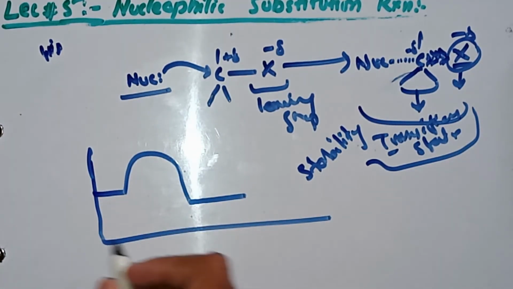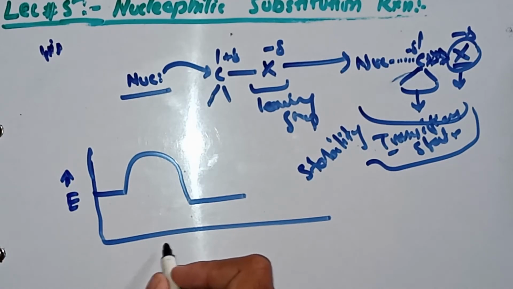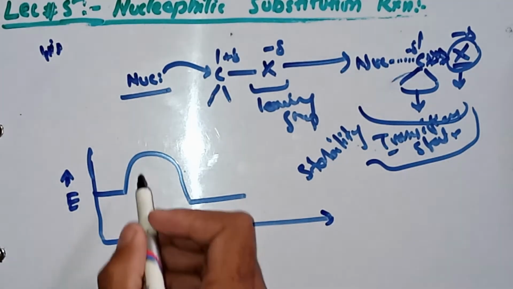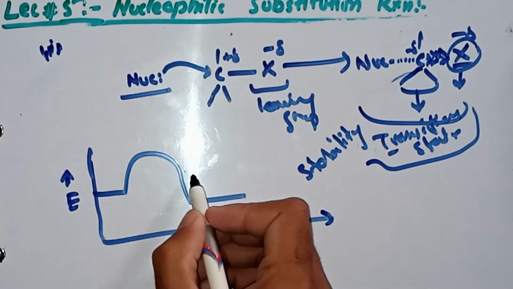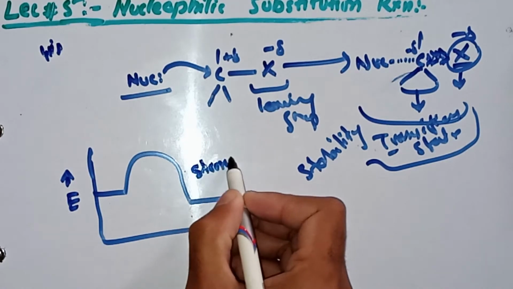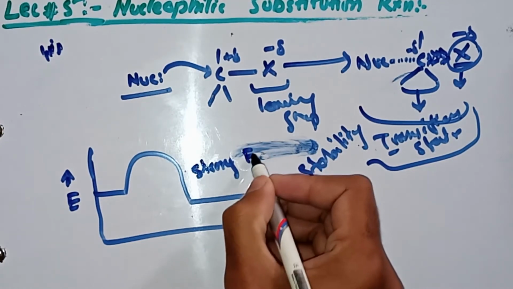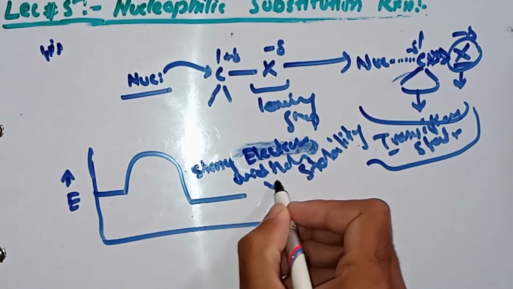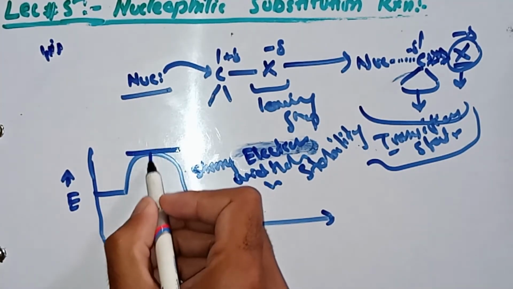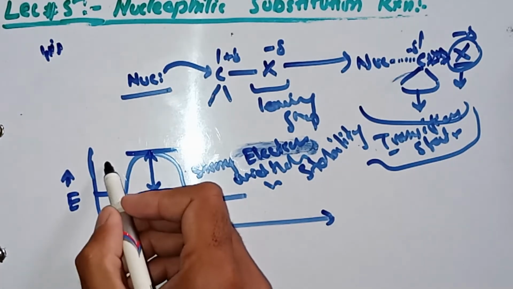This is the diagram for compounds in which a strong leaving group, a strong electron withdrawing group, is attached. In this case, this will be the energy barrier, this will be the activation energy.